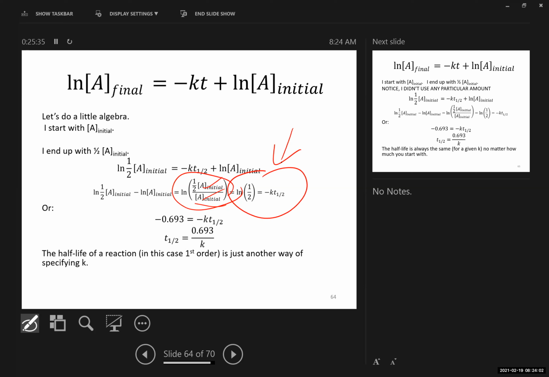That's why half-life in a first order reaction is always just an indirect way of giving me the rate constant. The half-life just differs from the rate constant by that log of a half, which is what the 0.693 is.